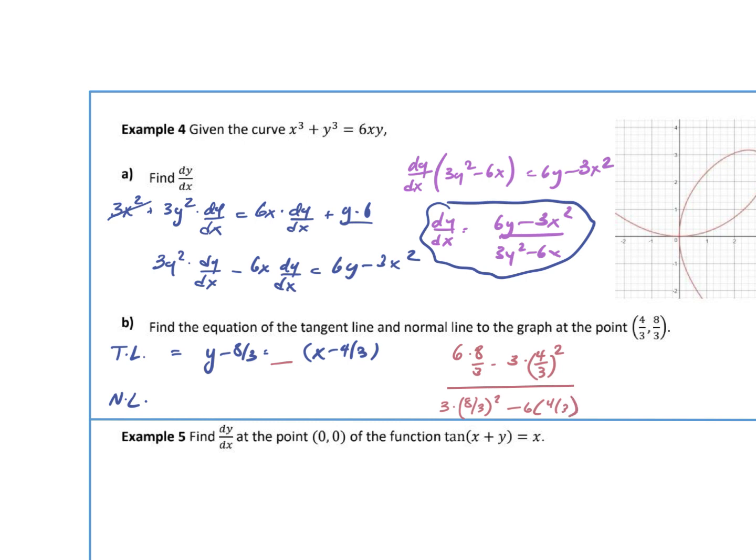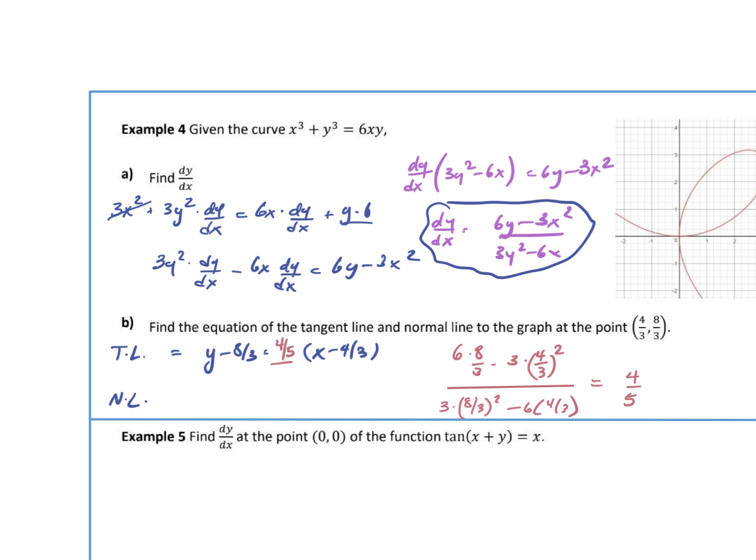Okay, so I did this ahead of time, and I got 4/5. You can double check my math here, but I believe it simplifies down to 4/5. So that would be the tangent line slope, 4/5.